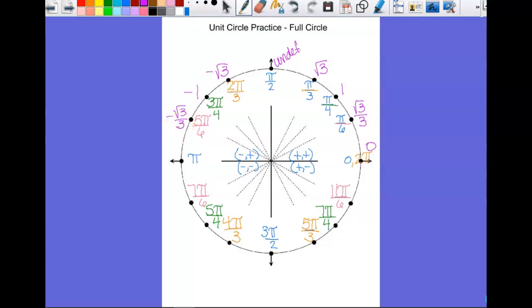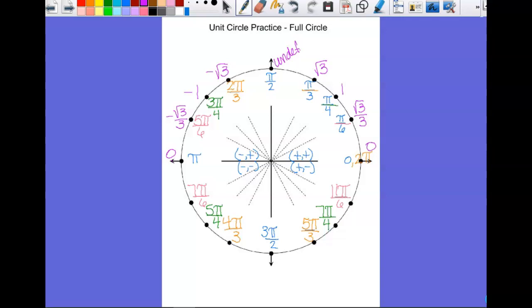For pi, my ordered pair is negative 1, 0. So what is my tangent value? If I put y over x, that gives me 0. So it's the same as the axis is the same.